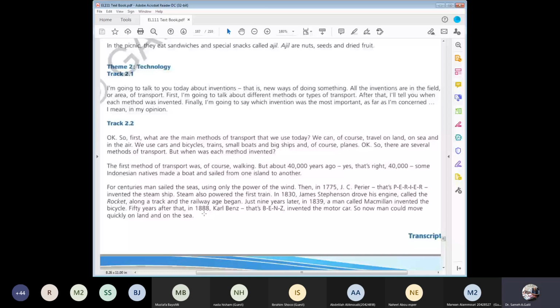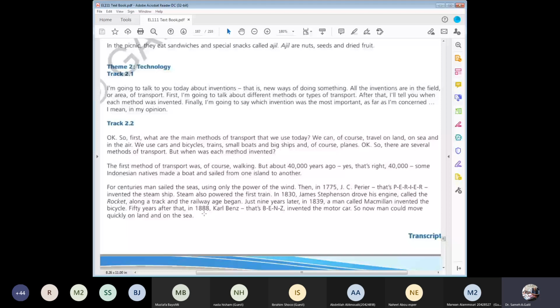So if I don't know what field means, I go to the word area and obviously I will understand. This is what writers do all the time. They give you more than one word that has the same meaning so that you can eventually understand, right? He is also repeating it one more time when he says, I'm going to talk about different methods or types of transport.